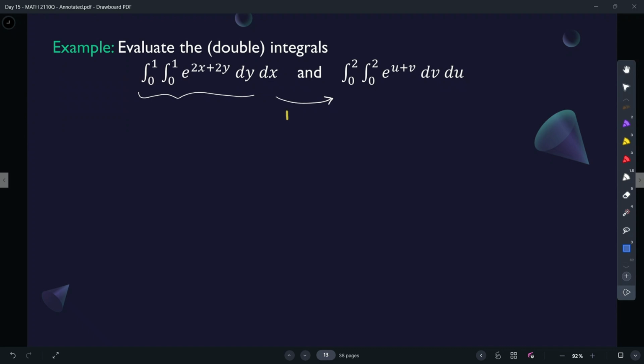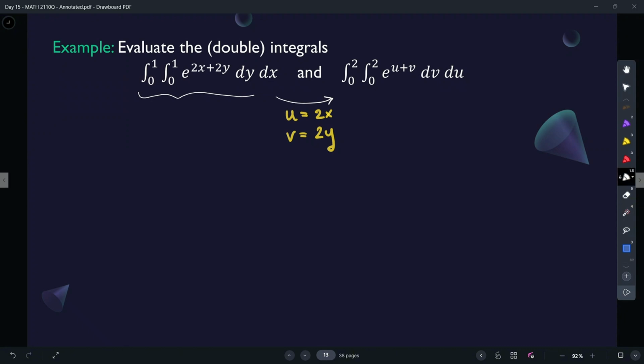So here the U substitution would be, I want to make this integral simpler. So instead of 2x, I'm going to call u 2x, and v is 2y. Okay? Then you see that this function would go to this function over here, which is a little simpler. Now I have to modify my limits of integration.